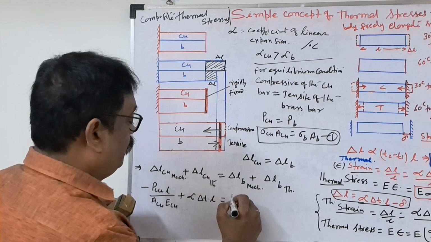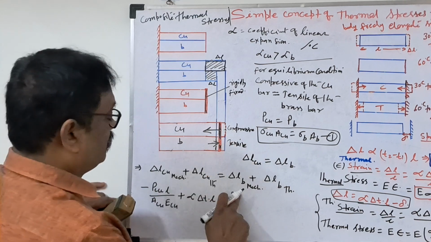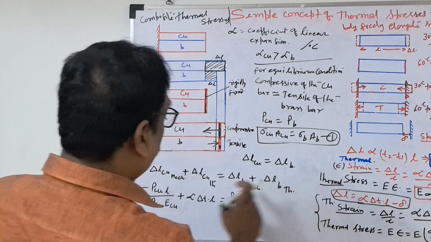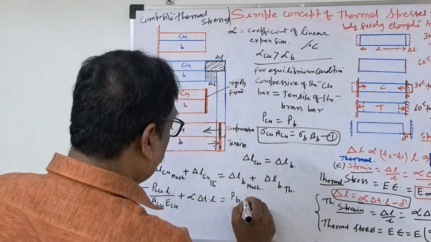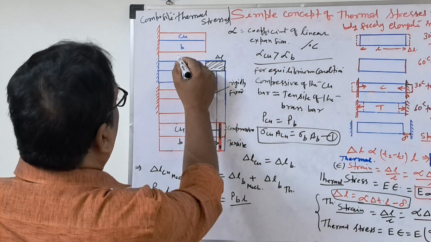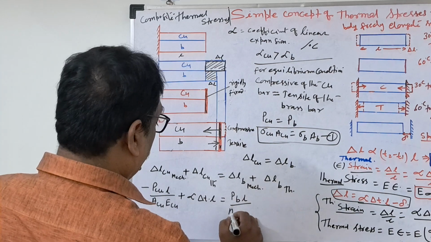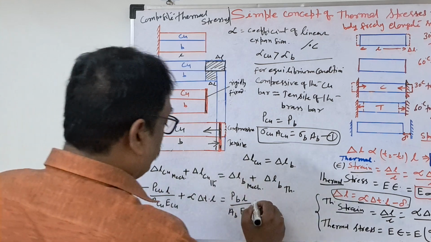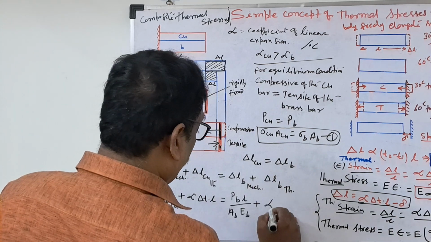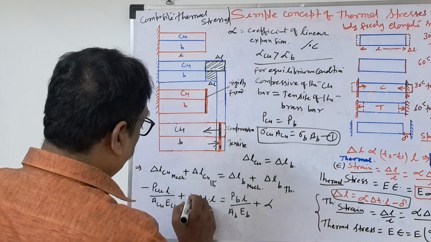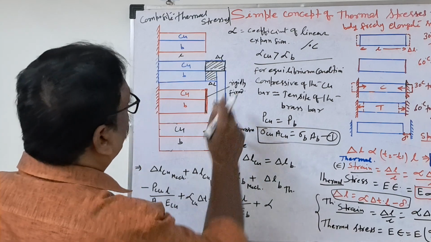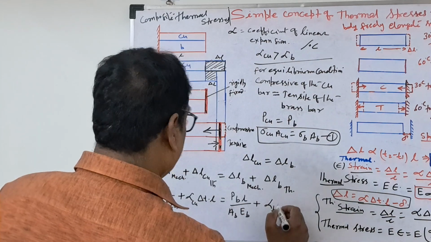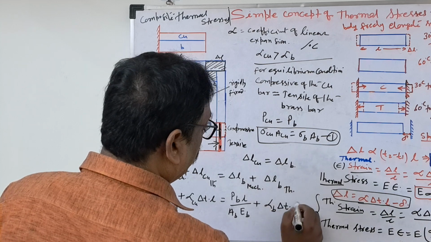Here tensile, so P brass L by A brass and Young modulus of the brass, plus alpha, so alpha Cu and alpha brass, coefficient of linear expansion of the copper and of the brass, delta T into L. Because length will be equal, we always kept the length equal.